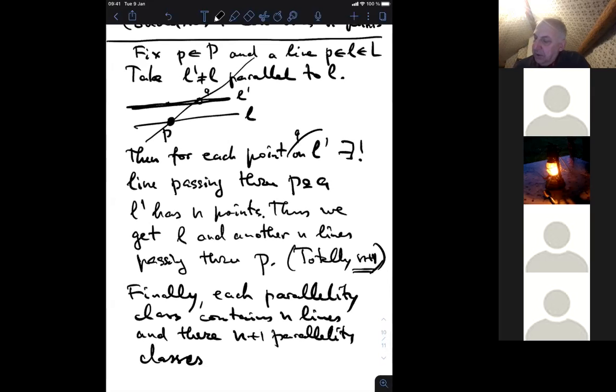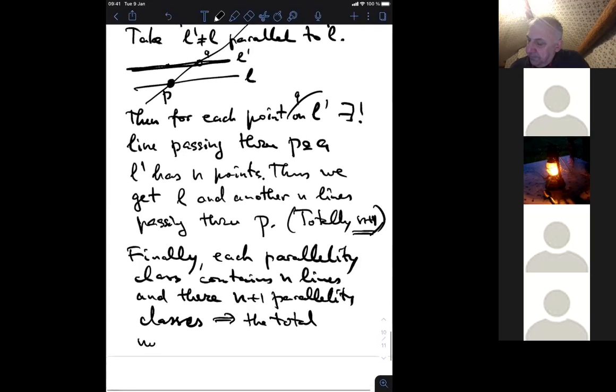We can look at all distinct lines passing through a given point P. They all should necessarily lie in distinct parallelity classes. Therefore, the total number of lines is their product, n times n plus 1, which is n squared plus n.